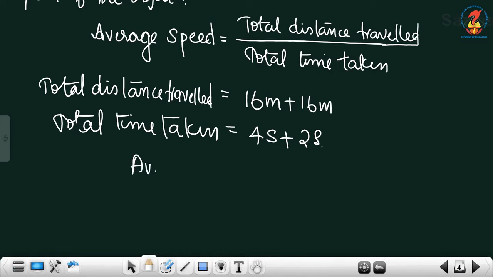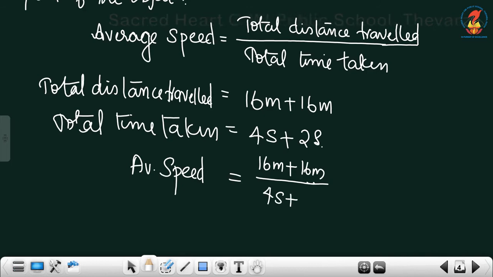So, average speed equals 16 meter plus 16 meter divided by 4 second plus 2 second.